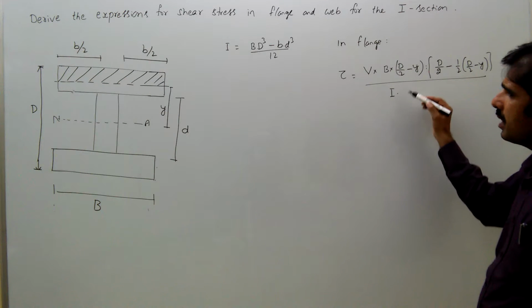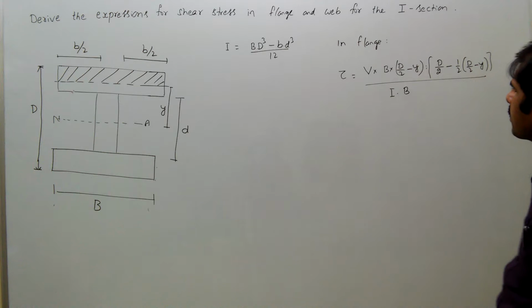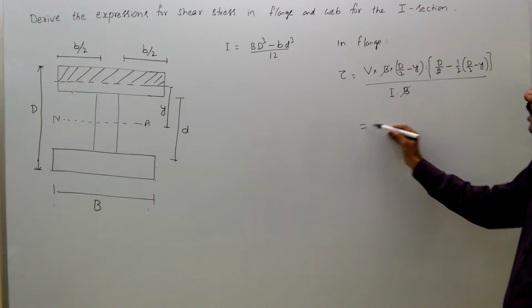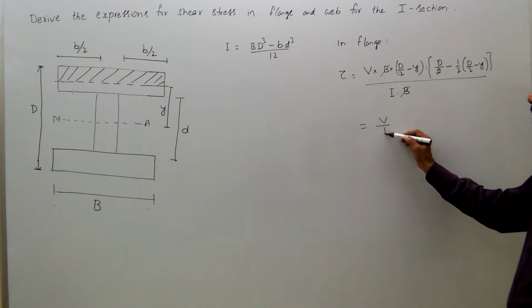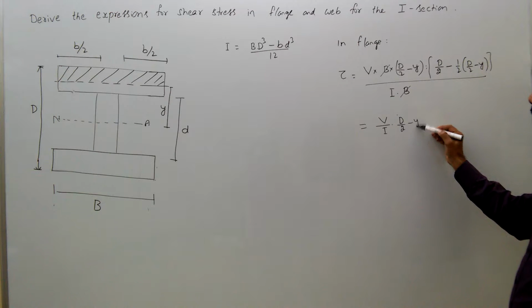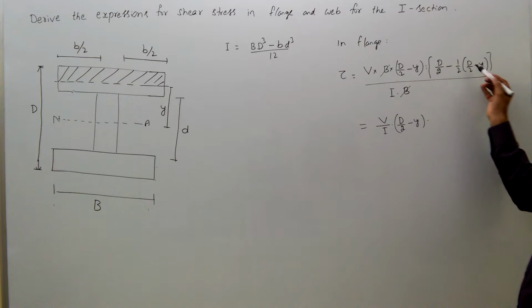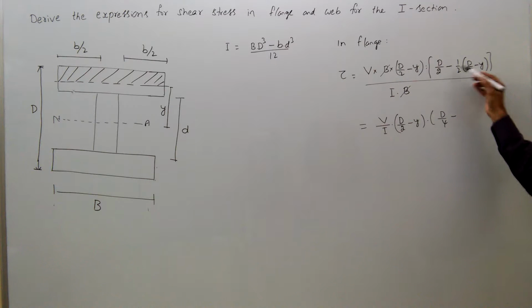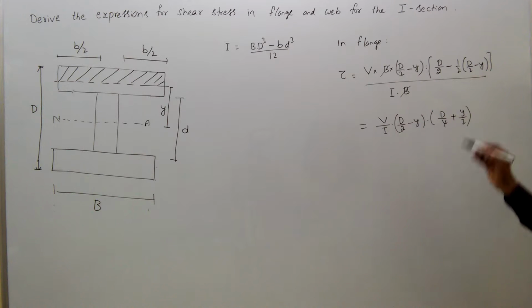B is actually capital B, so B gets cancelled. That equals V by I into D by 2 minus Y into, here D by 2 minus D by 4 is D by 4, minus minus plus Y by 2.